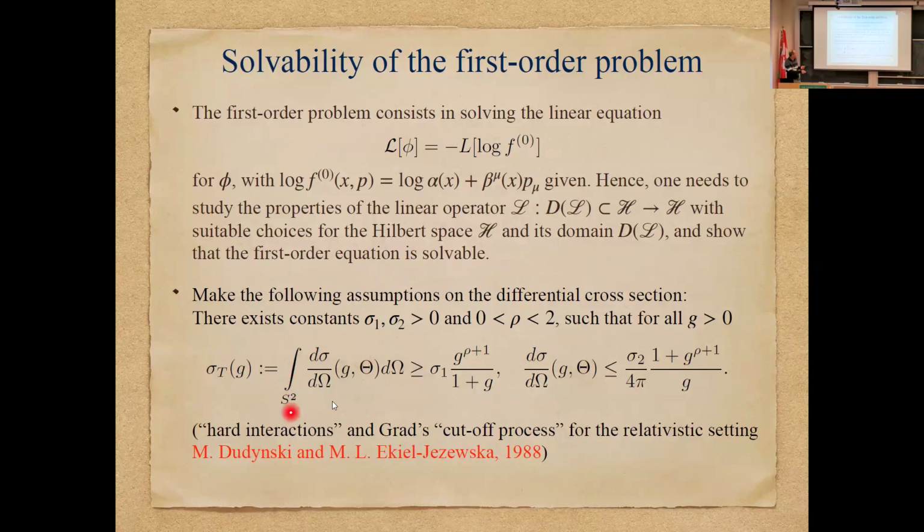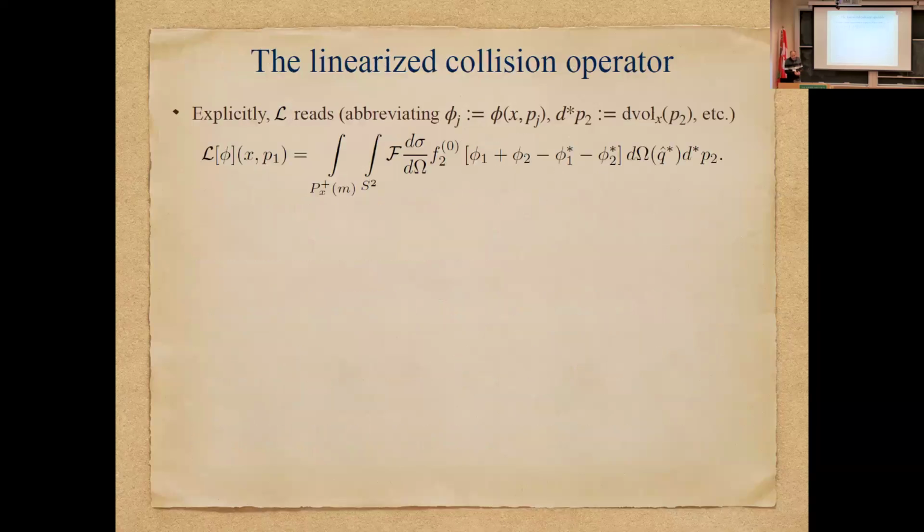By the way, this is just an integral of the differential cross section over the scattering angle, basically. Okay, and remember g was the relative speed between the incoming or outgoing particles. So we require a lower bound like this and an upper bound like this. This has some physical interpretations I don't have time to explain.